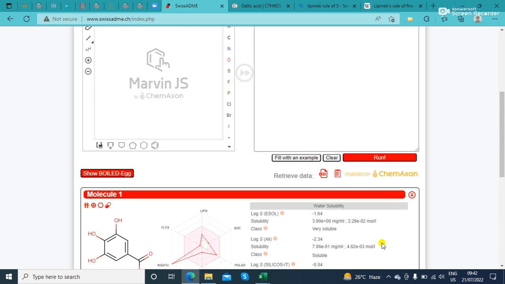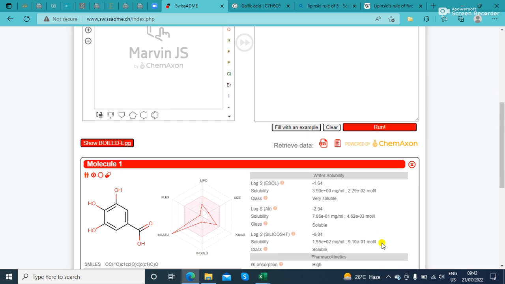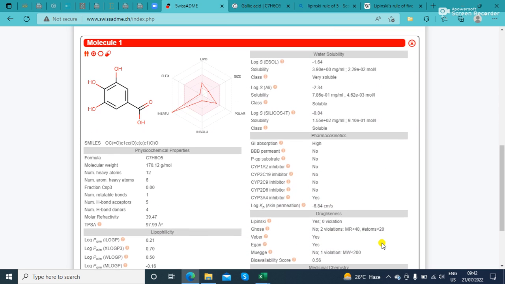Now, what does the Lipinski's rule of five mean? What is it stating? Well, let's also bear in mind that not all scientists actually accept this Lipinski's rule of five, because they have other arguments around the rule of five.